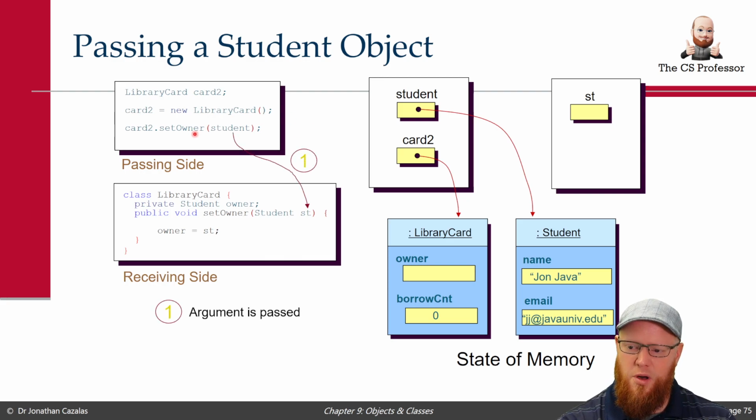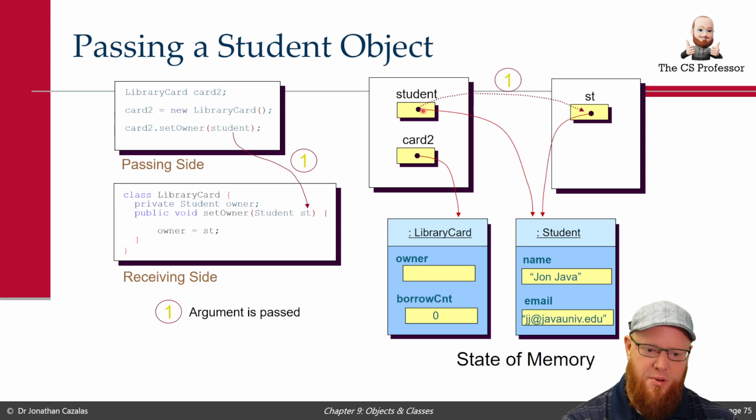So here in step 1, when we call this set owner method, what's happening? Because this is all about passing the student object, or we're passing an address. So that address in step 1 is sent over here and saved. It's sent from the actual parameter and saved inside this formal parameter st.